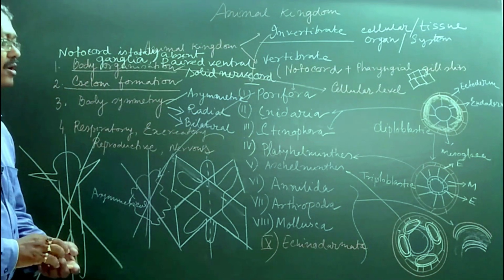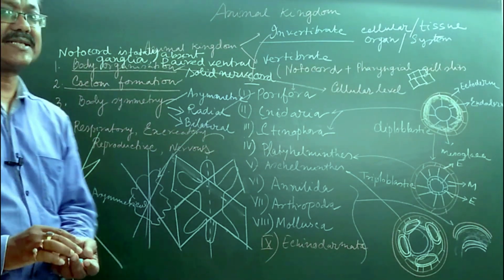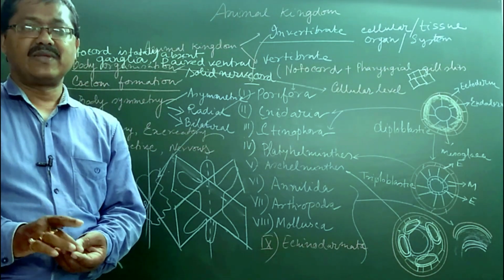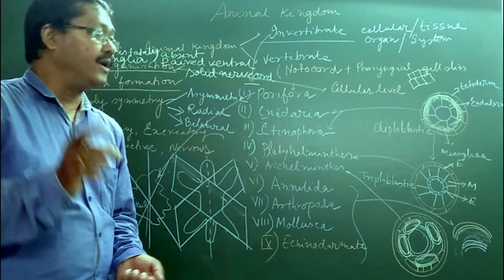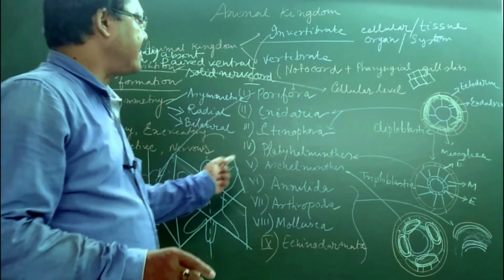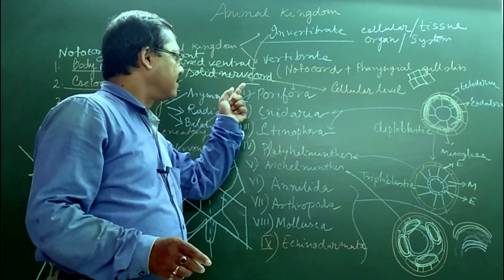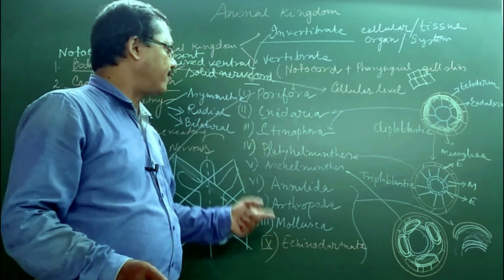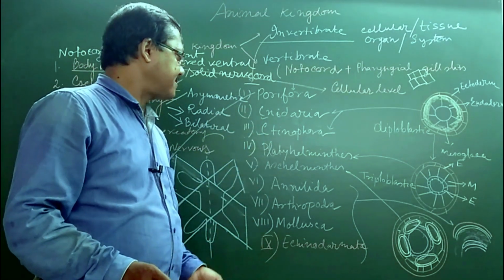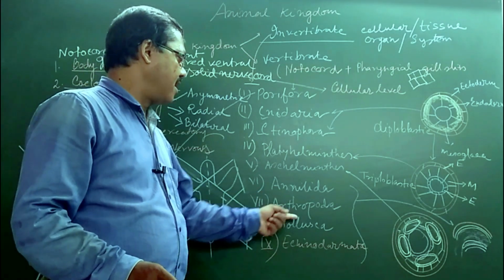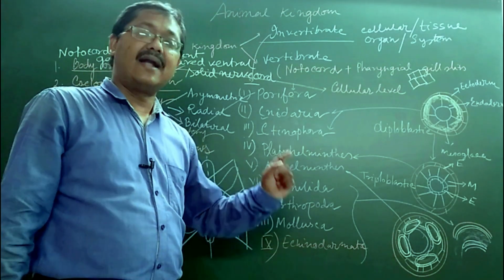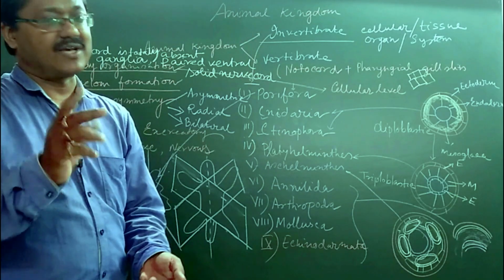These are the more or less salient features of invertebrates. In the later class, I will discuss the different salient characteristics of Porifera, Cnidaria, Ctenophora, Platyhelminthes, Acoelomate, Annelida, Arthropoda, Mollusca and Echinodermata section-wise.